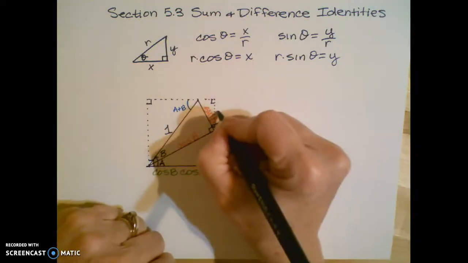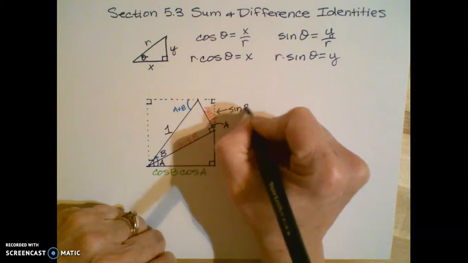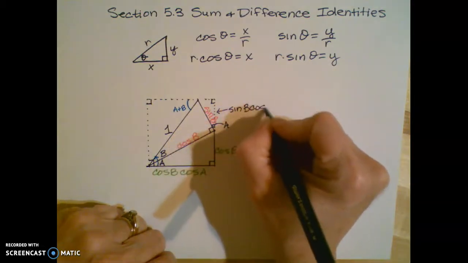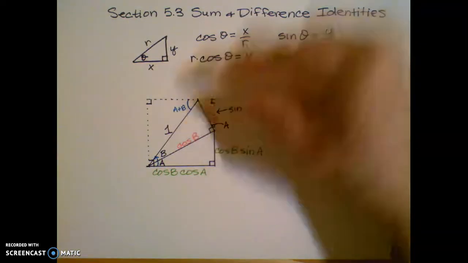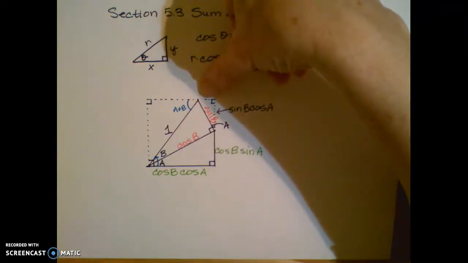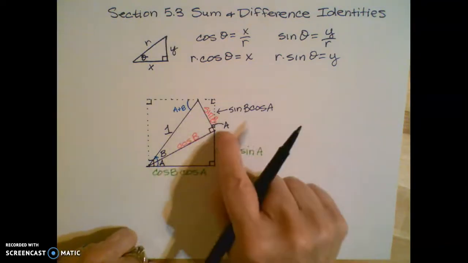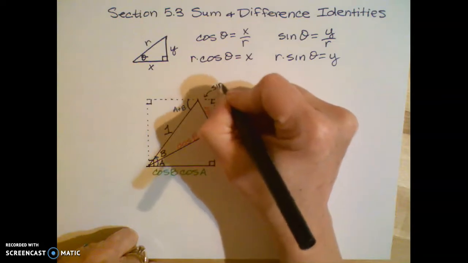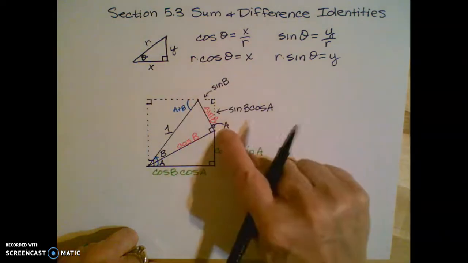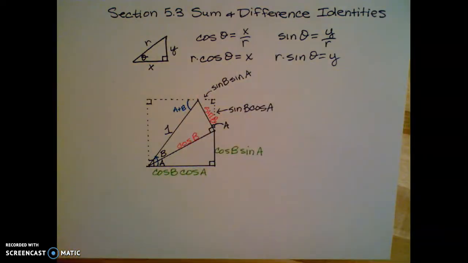So this little segment right here would be the length of the hypotenuse, sine B, times the cosine of the angle, cosine A. Also in that little right triangle, this segment is opposite angle A, which means its length will be the length of the hypotenuse times the sine of the angle. So this segment is the length of the hypotenuse, sine beta, times the sine of the angle, A. Okay, so we've identified the lengths of the legs in this smaller right triangle.